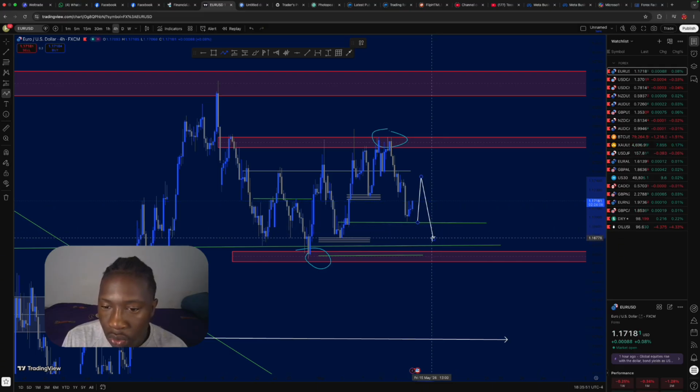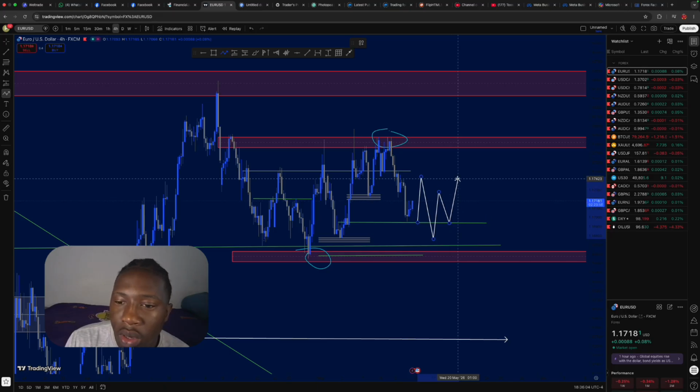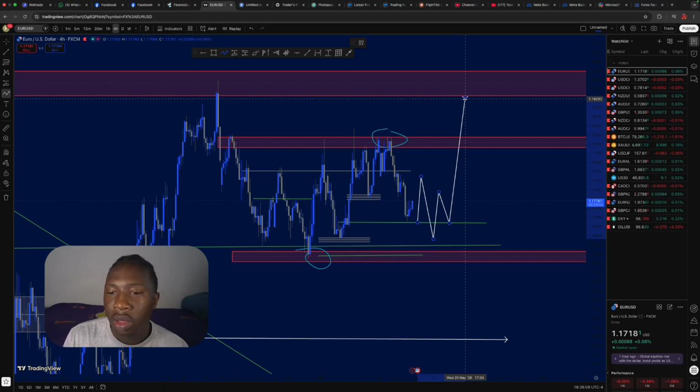After that it will go up like this, and then it will come back to this downside level, and then it will check its direction to the upper side like this. So this is what we need to wait for.